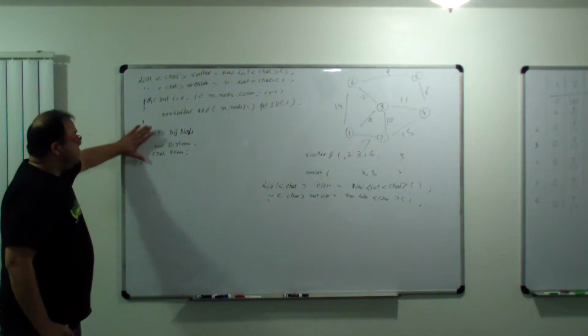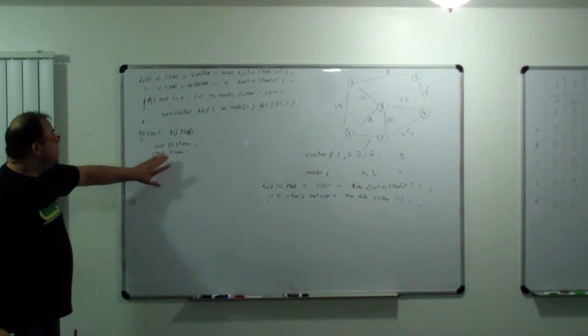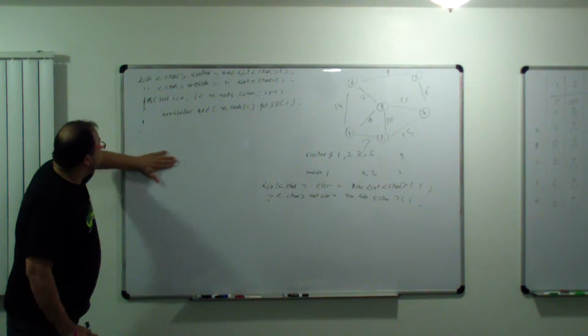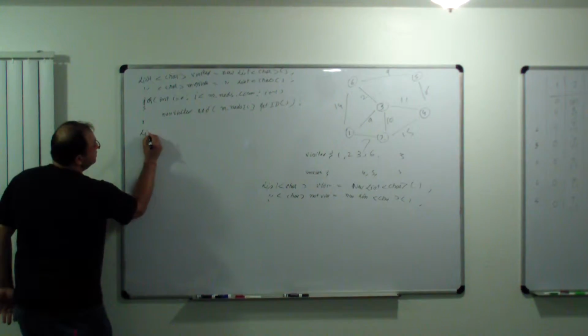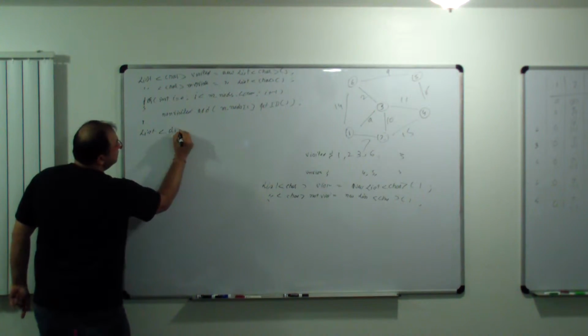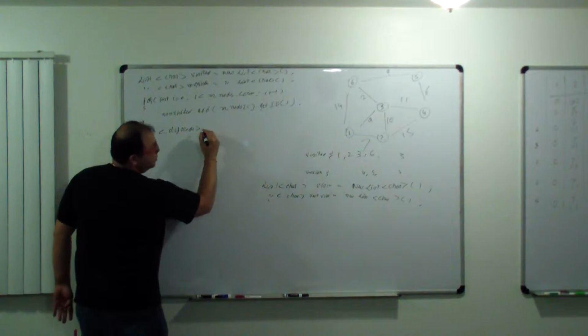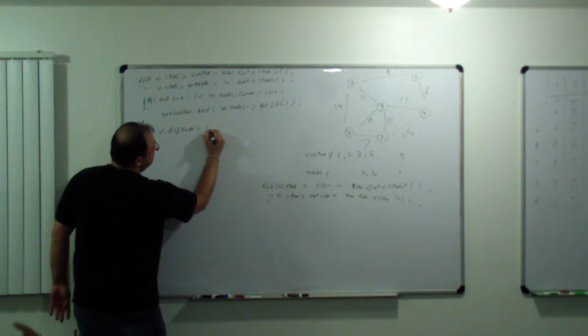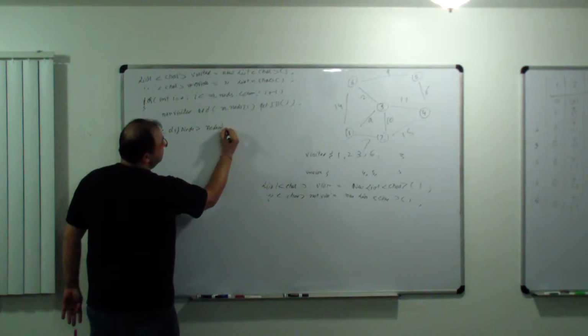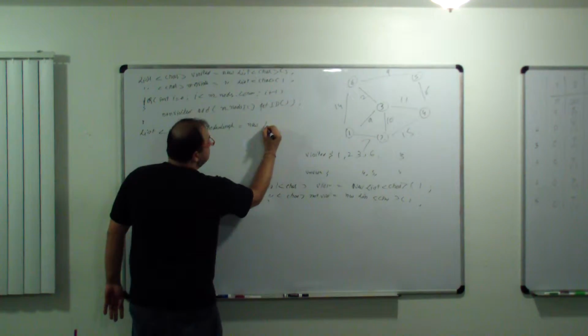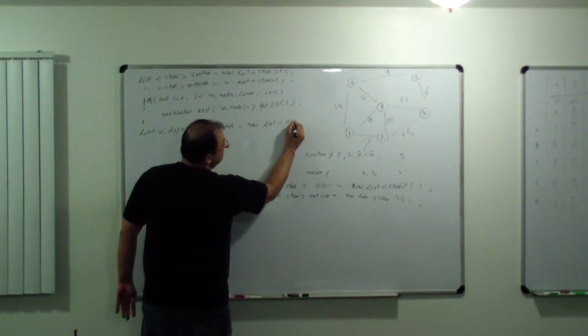So we'll take this Dijkstra's node which has a distance and a from. And then we'll create a list of Dijkstra's node. And this will be, I don't know, nodes length is equal to new list of Dijkstra's node.